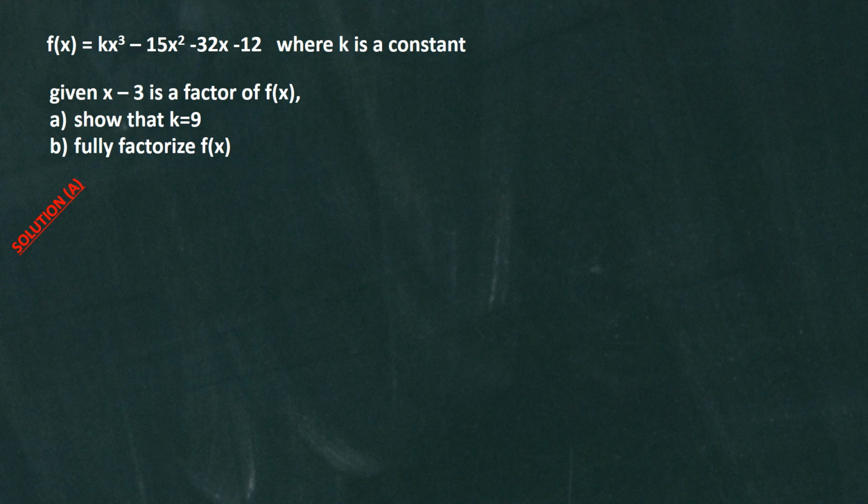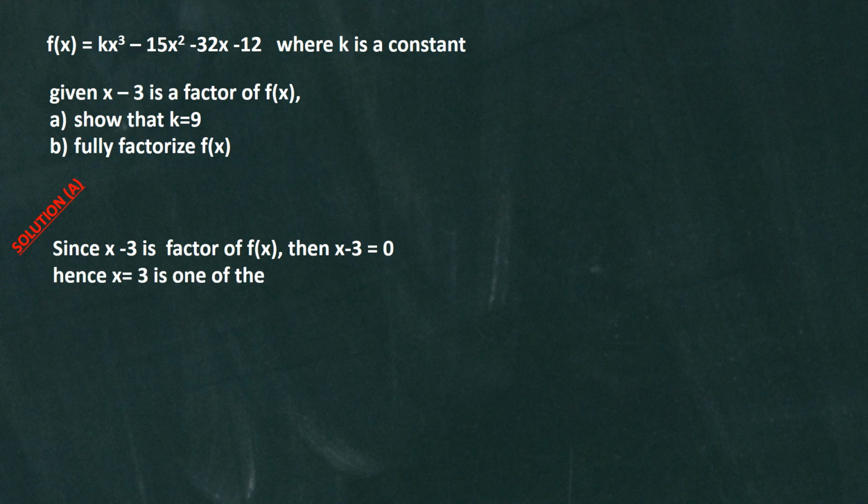Given that x minus 3 is a factor of f(x), it follows then that x should be equal to 3. Of course, we have other solutions for the function f(x), but that gives us a head start that we can find x as being one of the solutions of f(x).